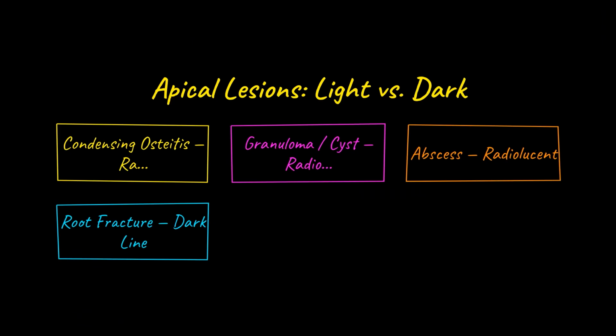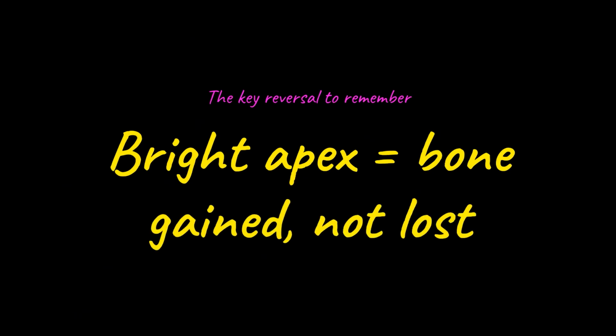Condensing osteitis stands alone as the one that adds bone and brightens it. When an exam stem contrasts a radiopaque apical area with the usual dark inflammatory lesions, it is testing exactly this reversal. Chronic mild irritation drives bone deposition, not destruction, and that deposited bone is what makes condensing osteitis uniquely bright.